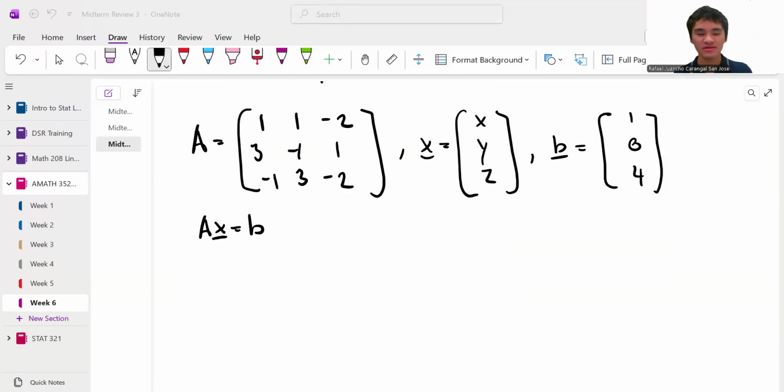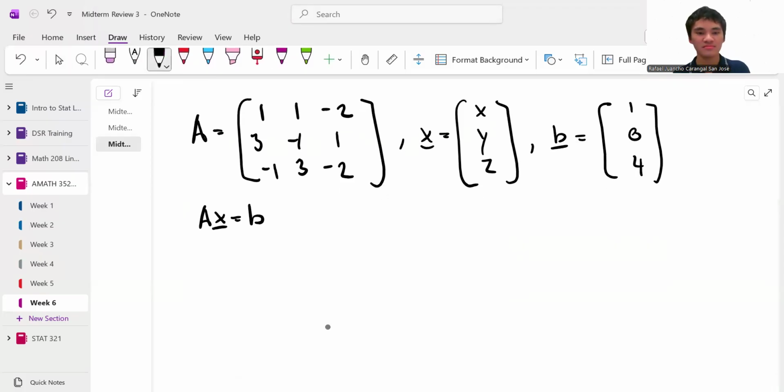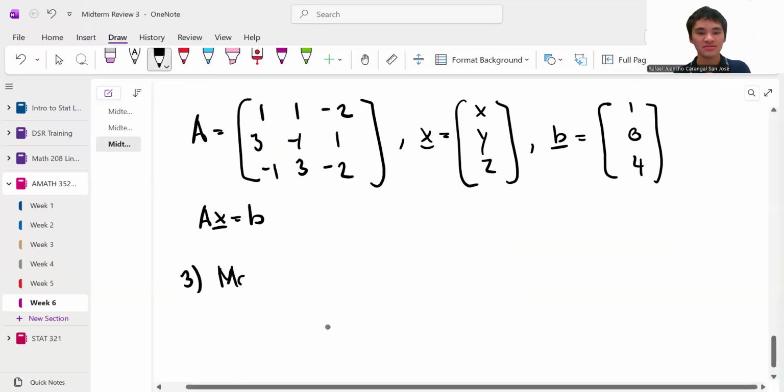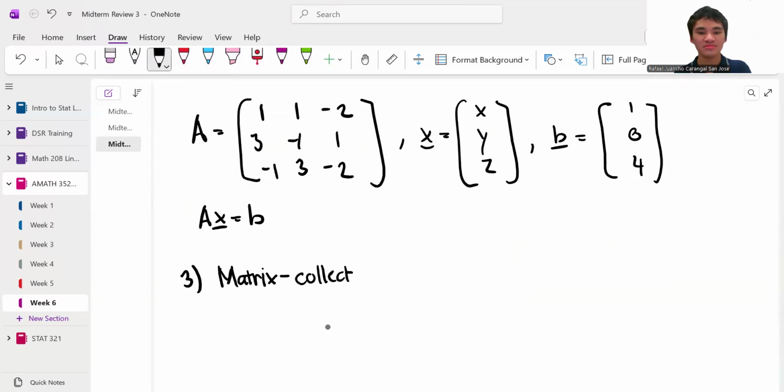Now, another way to look at it: a matrix is actually just a collection of vectors. And there are two ways to think about it.